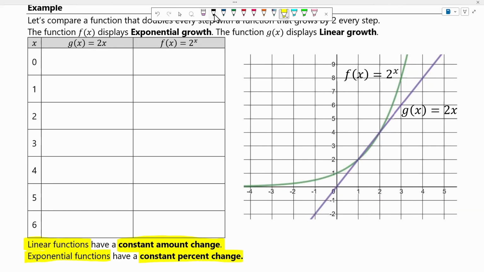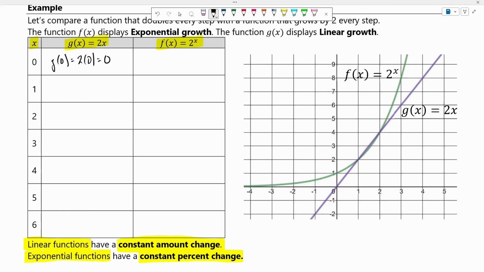That's what I want to cover in this table that's going to be at the left. On my table, I've got x values, g of x values, and f of x values. Notice that g of x is the linear thing, and f of x is the exponential thing. So g of 0 is 2 times 0, which is just 0.